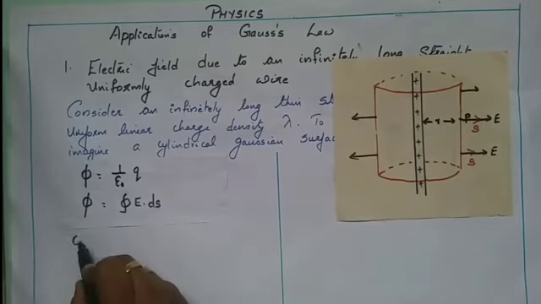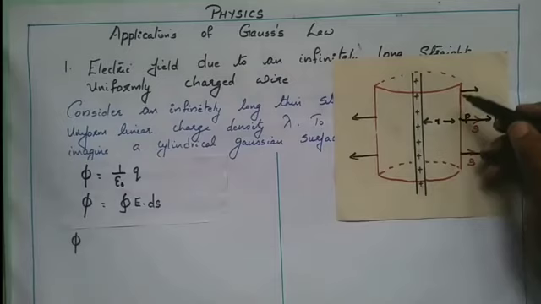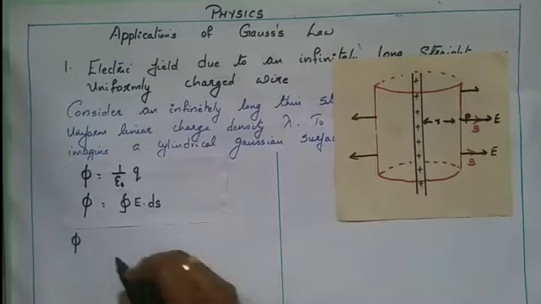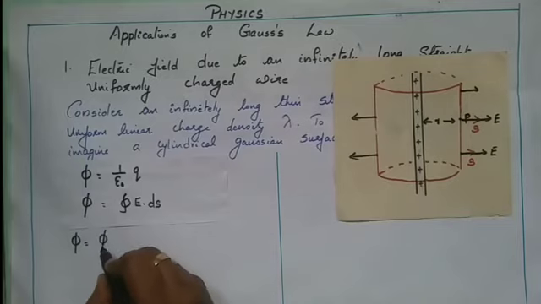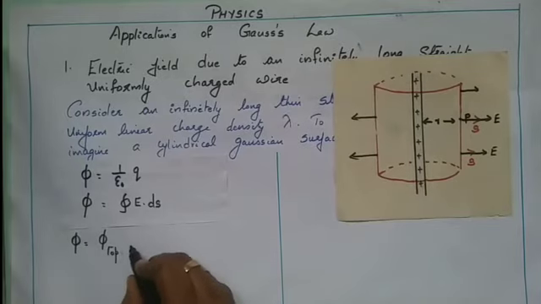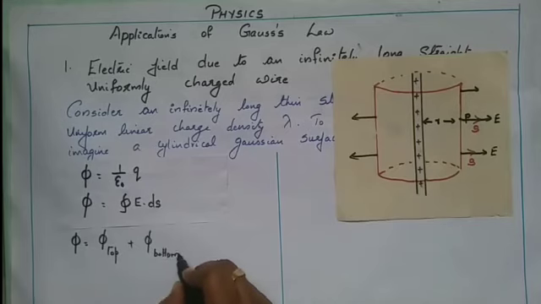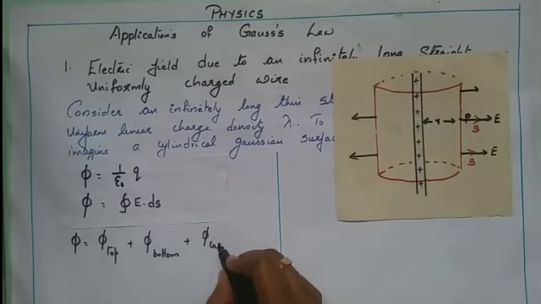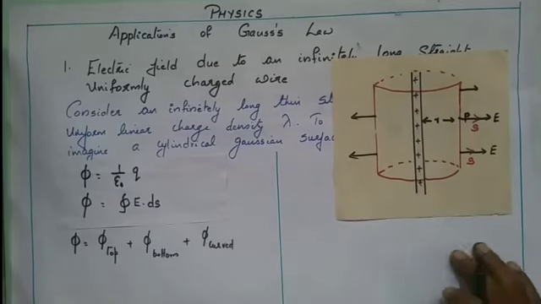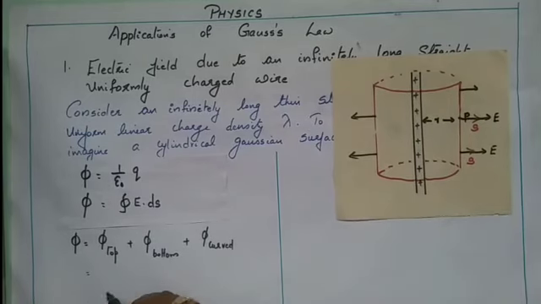Now we can find out the total flux. Since there are three surfaces here, flux phi equals flux through the top face plus flux through the bottom face plus flux through the curved region. We know the formula for flux is phi equals E dot s, or E s cos theta.